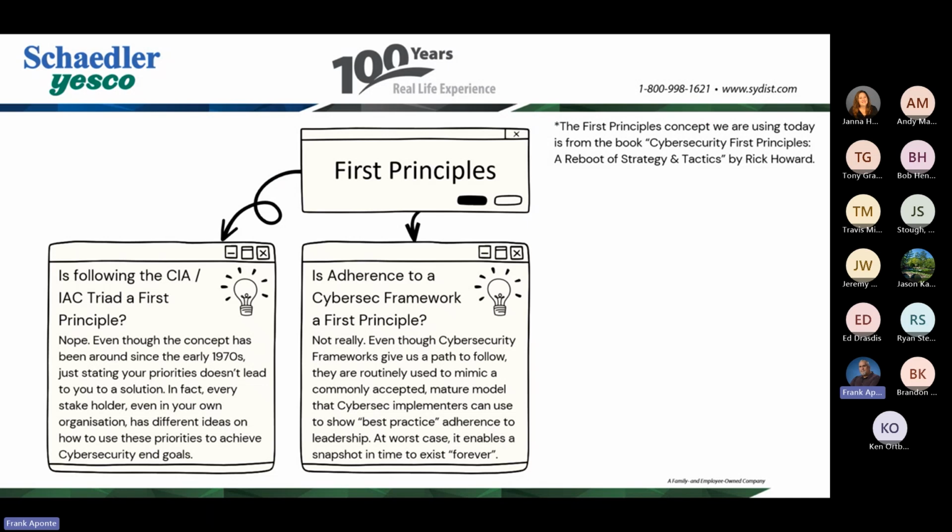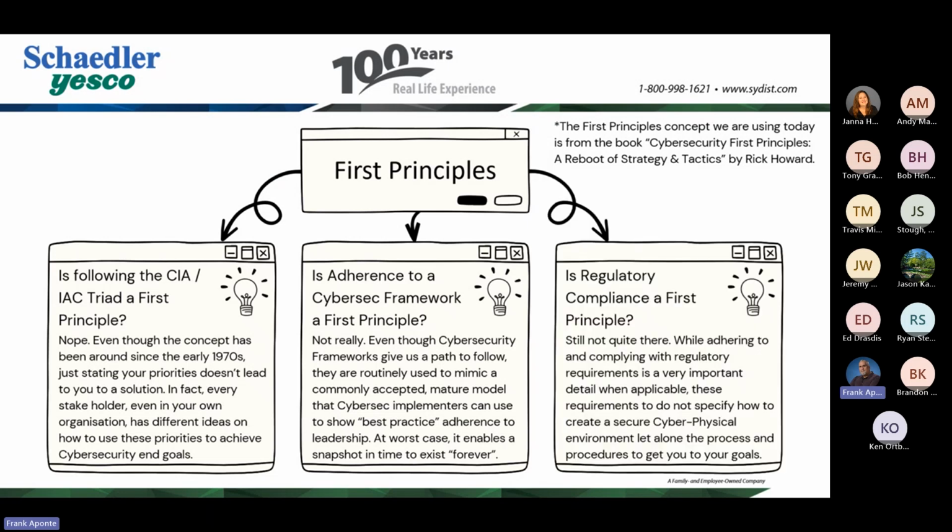The one failing of it, though, is to go through the cybersecurity framework one time and think that you've accomplished the entire goal from here on out into eternity. What you've done is captured a snapshot. So again, that still doesn't really address what a first principle should be.